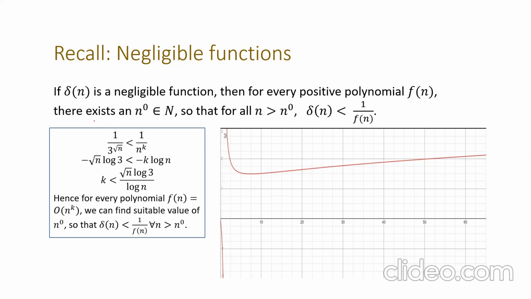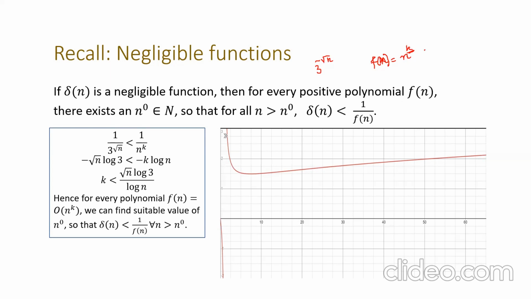Now, if we want to prove that the given function, 3 to the power minus root n, is negligible, then I have to show that if I take any positive polynomial f n, let me represent this polynomial as n to the power k, where k is some constant. So this is a k degree polynomial, with the maximum power of n being k.